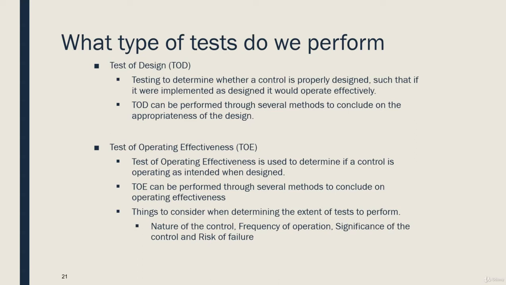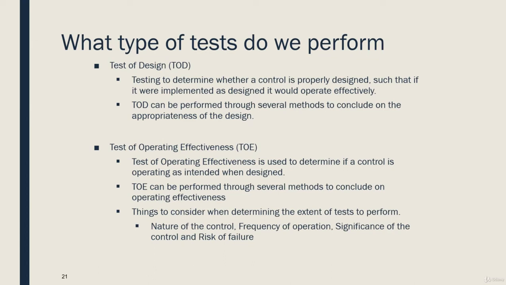Going with the example of password controls, in order to test the operating effectiveness of that control, we would obtain the password settings from the system that's been audited and make sure that the configuration settings require alphanumeric passwords from users. Showing that the setting is enabled will be the evidence that the control for alphanumeric passwords is operating effectively. There are also several methods that can be used to perform tests of operating effectiveness, and we'll also go over that in the next slide.